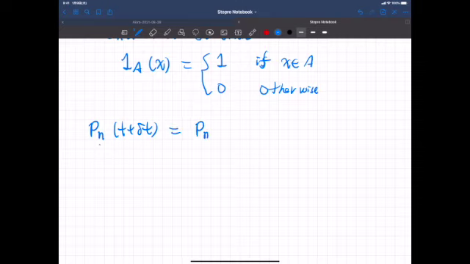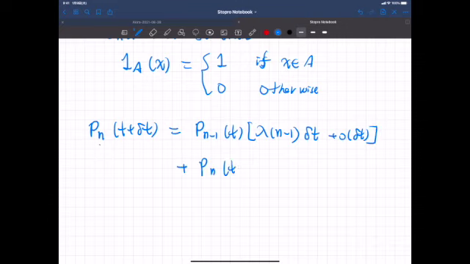It was either there were n minus 1 cells at time t, and then one of the cells divided during delta t, plus small o of delta t, or there were already n cells at time t, and there was no cell division during delta t. So that is 1 minus lambda n delta t, plus o of delta t.